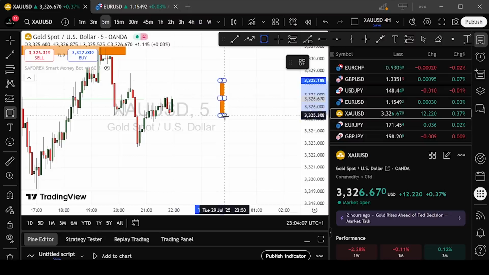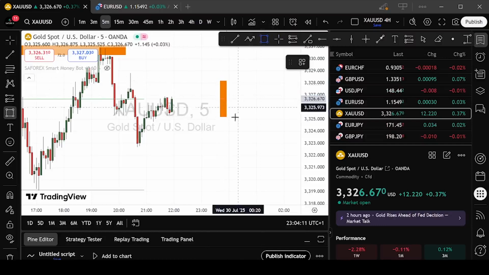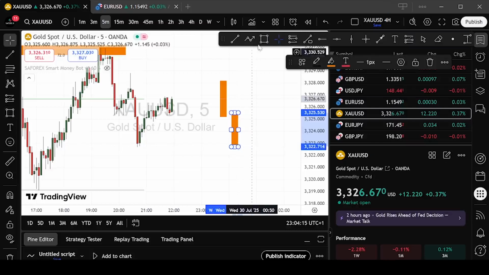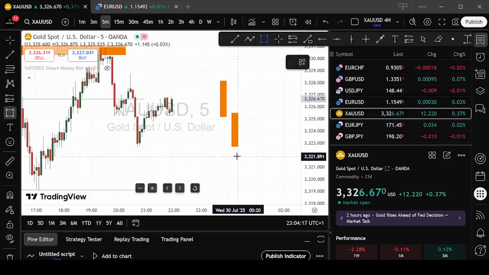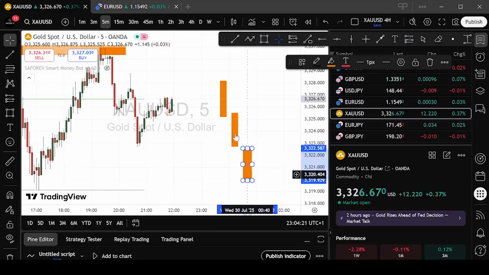Normally they're supposed to close each other and not leave a gap among each other. Price is supposed to be running and be using their wicks to cover each other, so that there's no gap between their alignment.